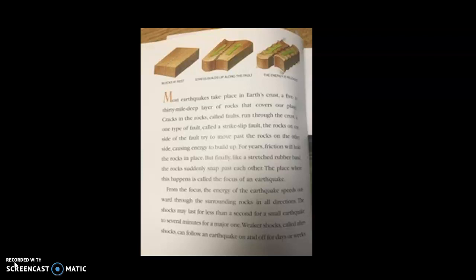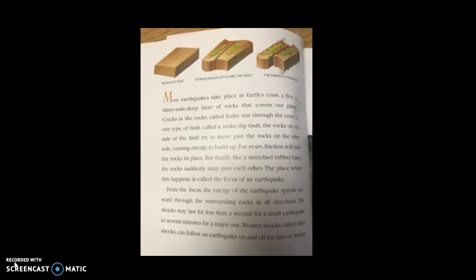For years, friction will hold the rocks in place, but finally, like a stretched rubber band, the rocks suddenly snap past each other. The place where this happens is called the focus of the earthquake. From the focus, the energy of the earthquake speeds outward through the surrounding rocks in all directions. The shocks may last for less than a second for a small earthquake to several minutes for a major one. Weaker shocks called aftershocks can follow an earthquake on and off for days or weeks.